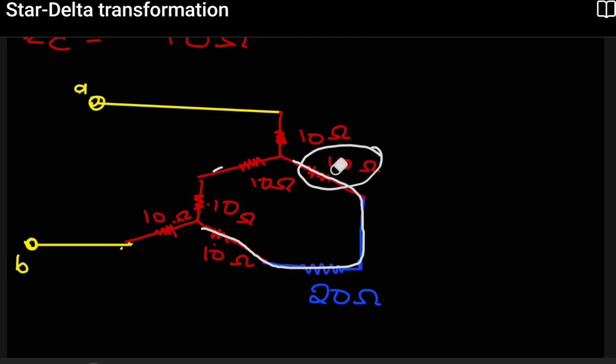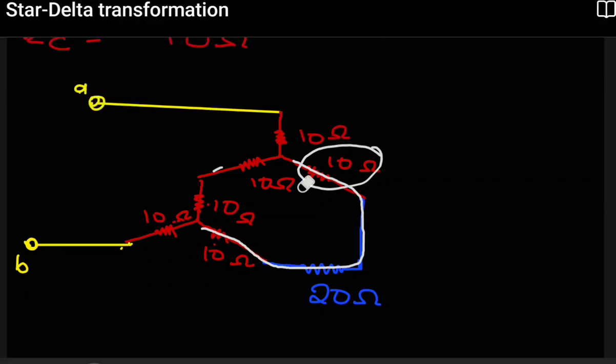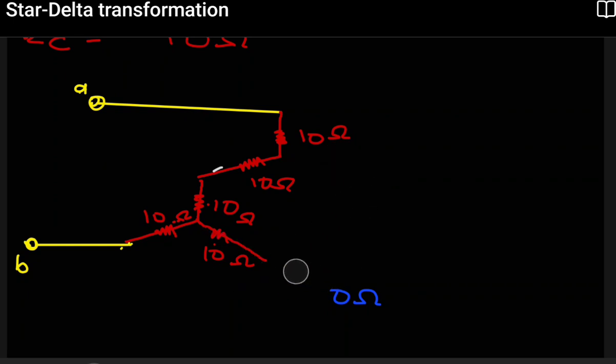So in this line, we have seen that the 10, the 20, and the 10 are in series. So you can replace these by the equivalent. So see, it was 10, 20, and 10.